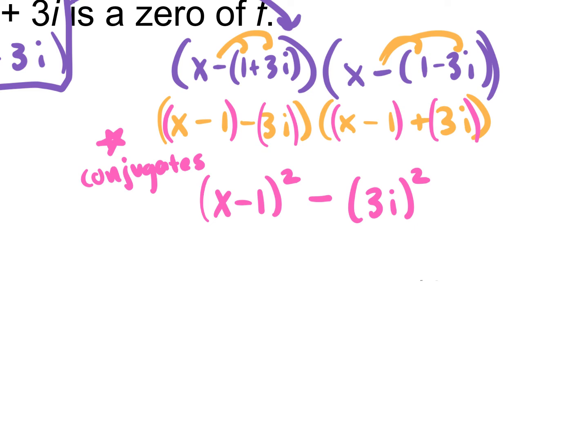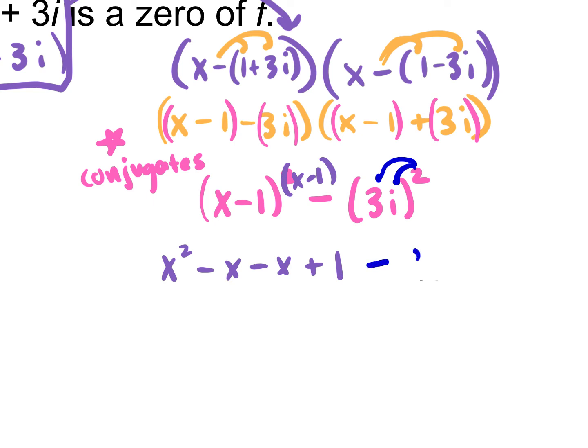How do I do x minus 1 squared? I have to FOIL it. So if it helps, rewrite it twice. I have x minus 1 times x minus 1 and FOIL it out. This gives us x squared minus 2x plus 1. And then for the second term here, I have to distribute the squared.